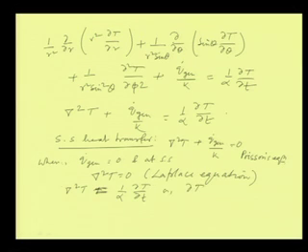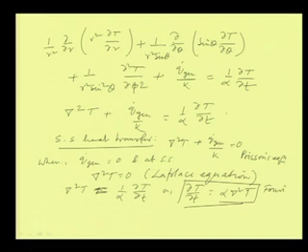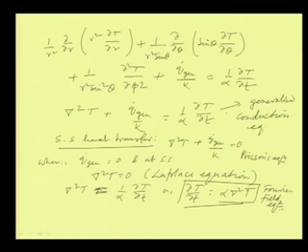When we write that del T by del t is equal to alpha grad square T, this equation is called Fourier field equation, not the earlier one. The general conduction equation is applicable to all the coordinate systems, but when there is no heat generation term, then del T by del t is equal to alpha grad square T. This is called Fourier field equation.